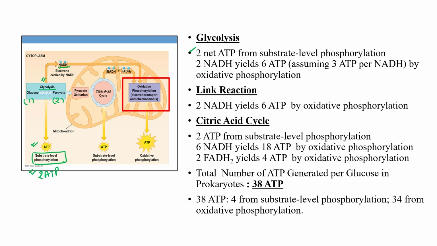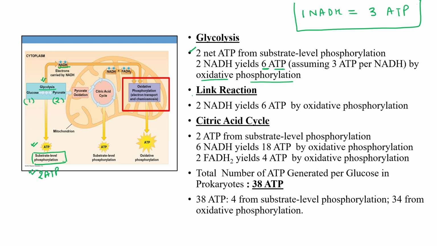Right, and 2 NADH are also generated, which will yield 6 ATP molecules during oxidative phosphorylation, as 1 molecule of NADH is equal to 3 molecules of ATP. So 2 NADH molecules will give us 6 molecules of ATP. But at what time? During oxidative phosphorylation only.